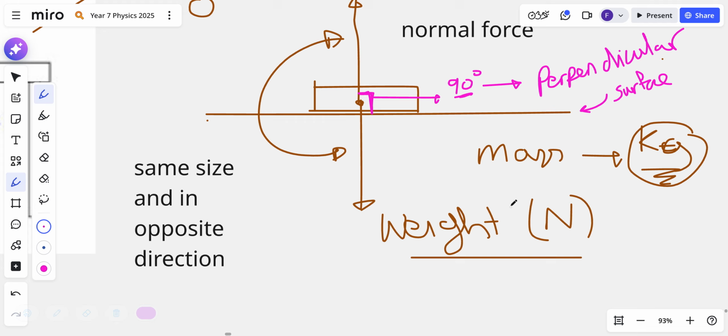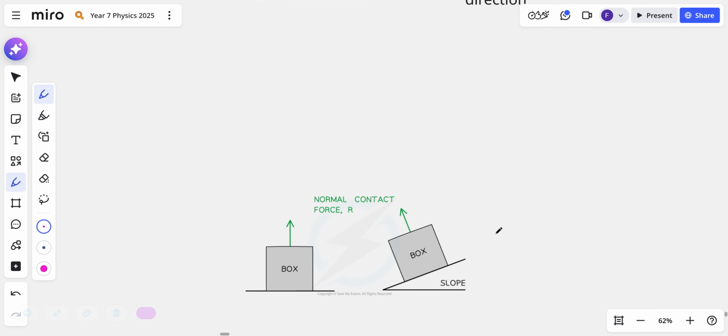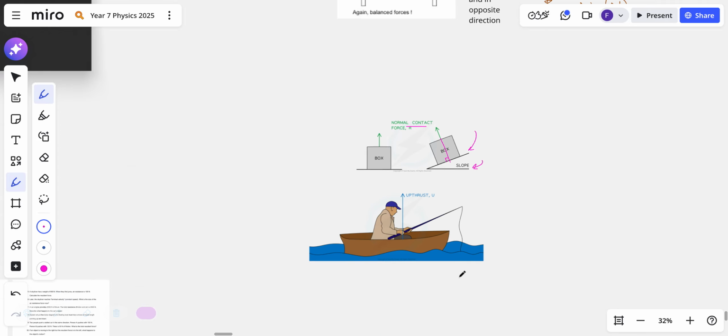Now, if you've got a slope, your normal contact force, if I just extend this line, it's 90 degrees to the surface, not to Earth.